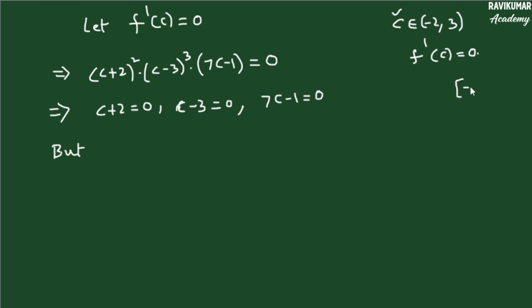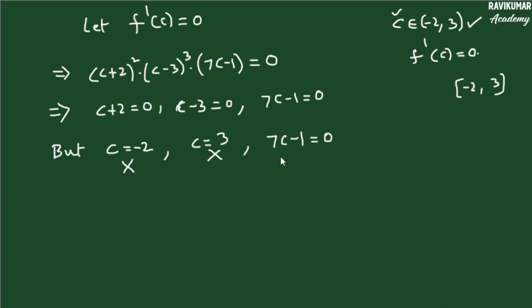When you write it like this, with square brackets, it is a closed interval, and minus 2 and 3 belong to the interval. When you write it like this, it is an open interval. So c equal to minus 2 does not hold, and c equal to 3 we cannot take. So we should be able to find c in between.